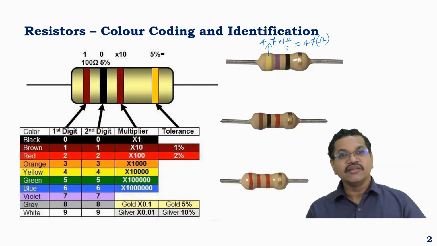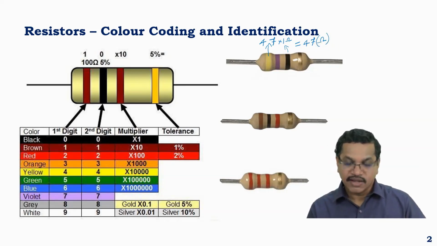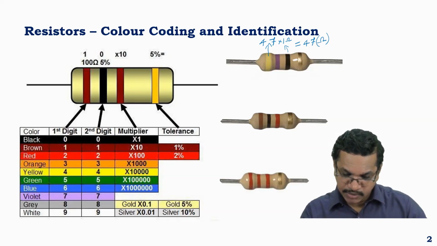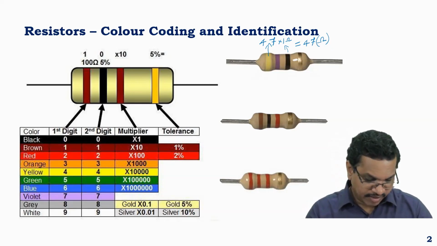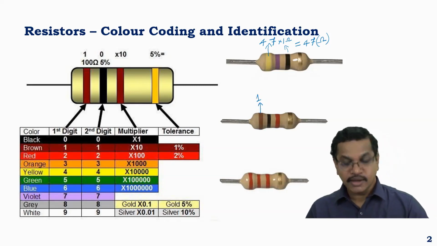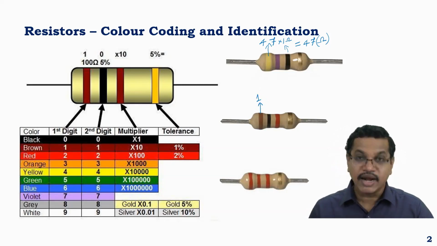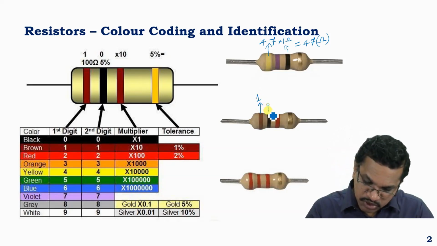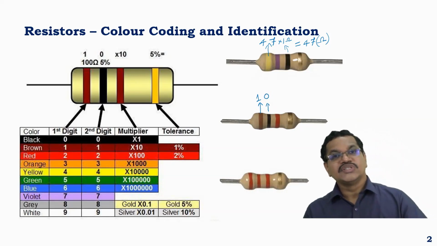This is the way we find the value of a resistor using color codes. Second example, first band we have brown, which corresponds to a value of 1. Next we have black, which corresponds to a digit value of 0. 2 digits we have written.